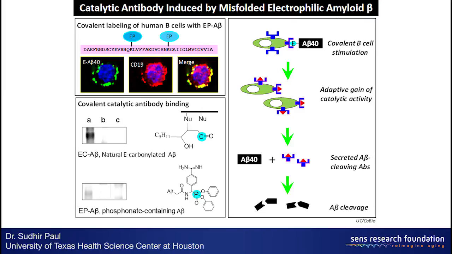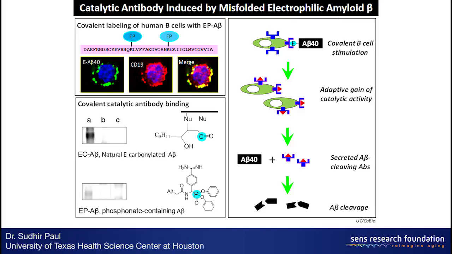So in this electrophoresis shown on the left, in the left bottom panel, this band shows the covalent binding of electrophilic carbonylated amyloid beta peptide. This is the hydroxynonenal derivative found also in vivo, and it reacts covalently with our catalytic antibodies, suggesting that it might act as the stimulus for the synthesis of the antibodies.